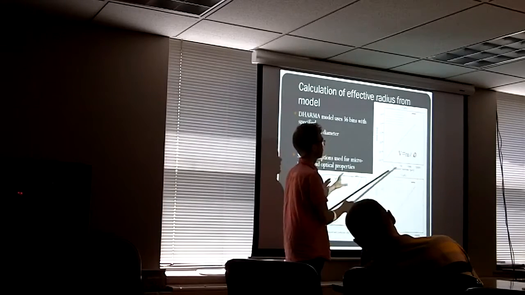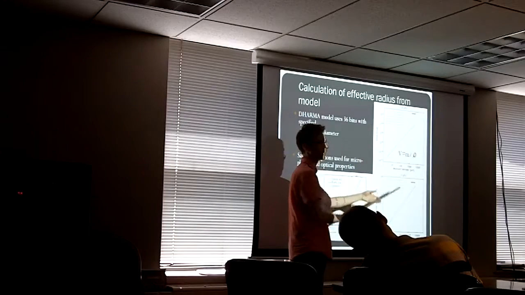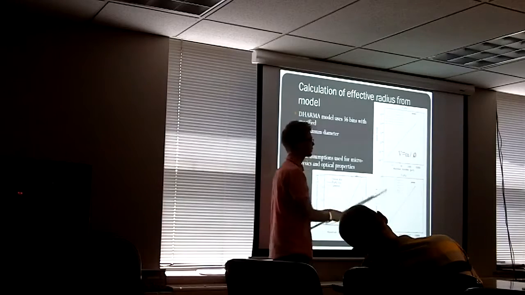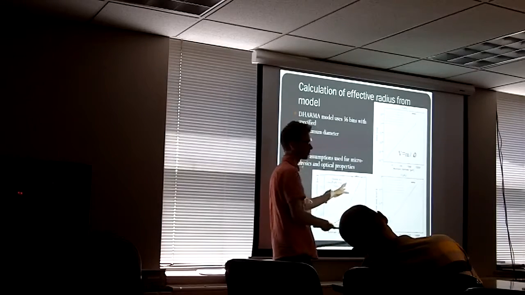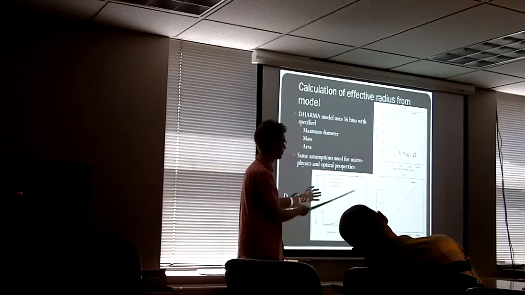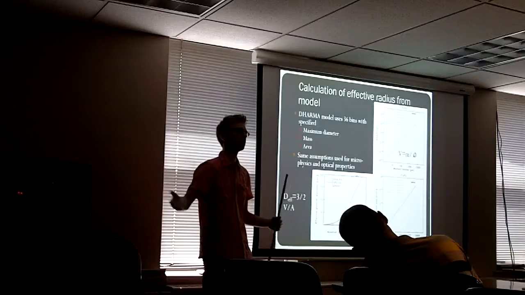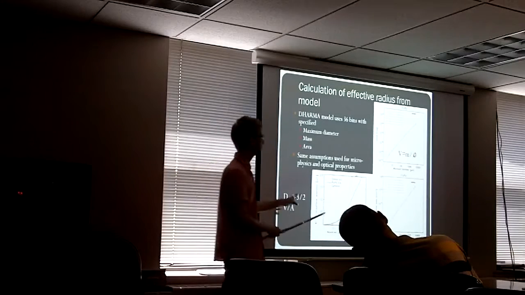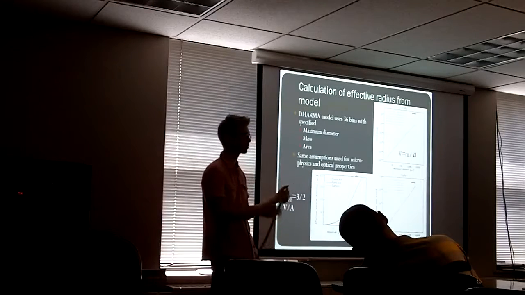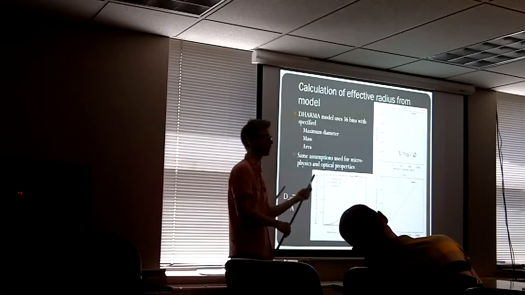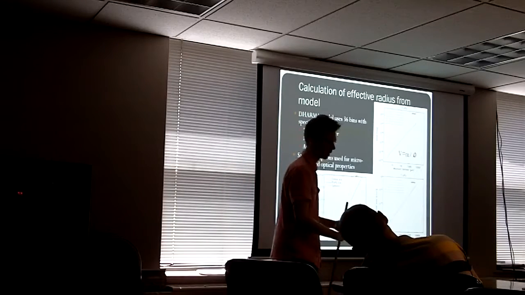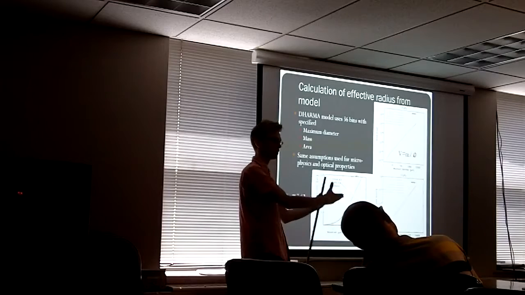And from the mass, just by dividing it by the density of the ice, you can get the volume. So if you use these two curves and divide them from each other, then you get the effective radius at the different size bins. Because these microphysical properties are based on the mass and the area, we can also use that to get the effective radius that the models actually model.